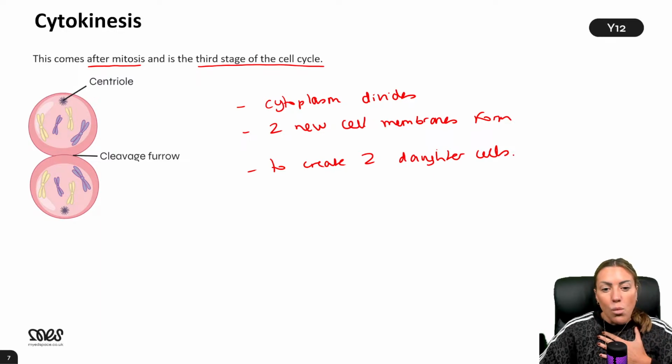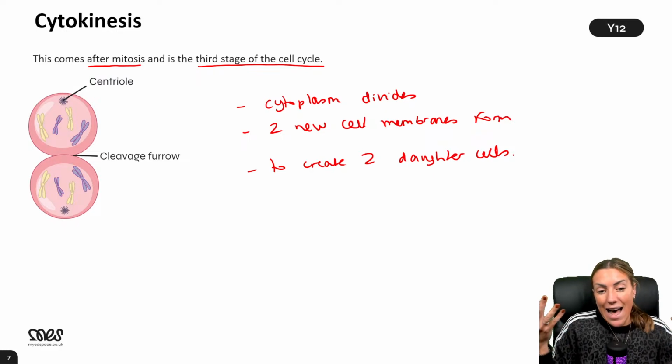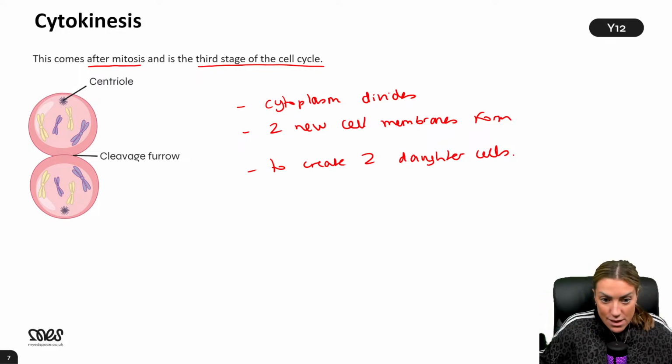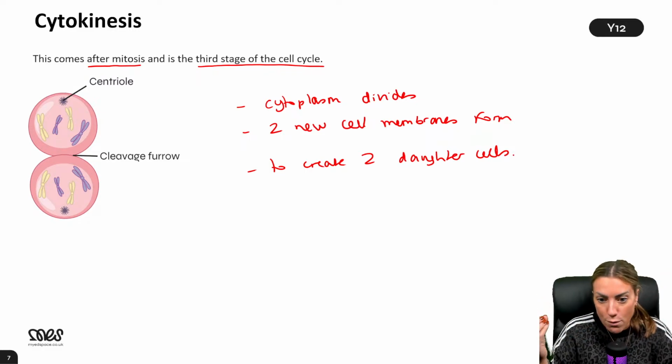Okay, so what are the centrioles? The centrioles are basically the structures in the cell that form the spindle fibers. The centrioles are just in the cytoplasm, but during mitosis they will move to opposite poles of the cell and form those spindle fibers across the cell so that the chromosomes can attach, because obviously the spindle fibers pull the chromosomes apart.